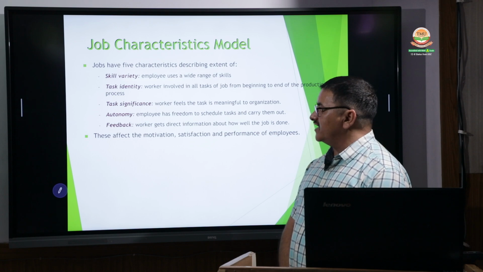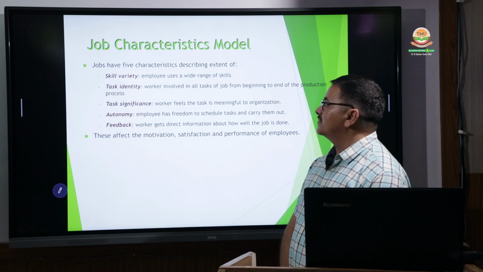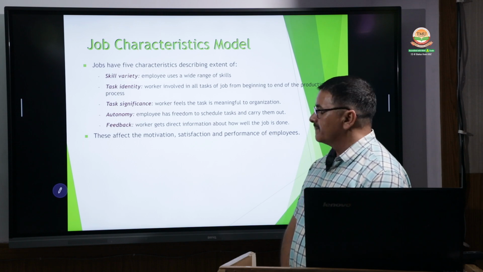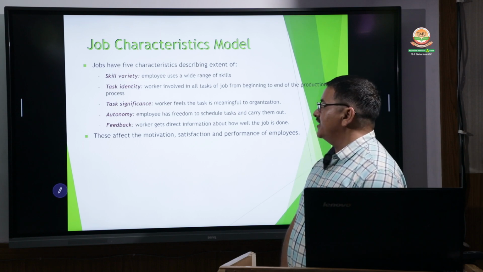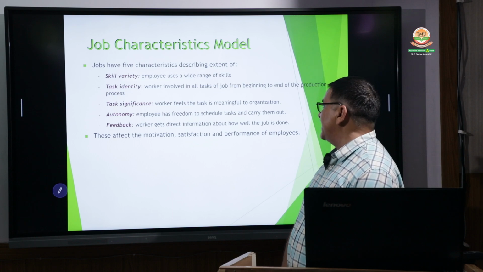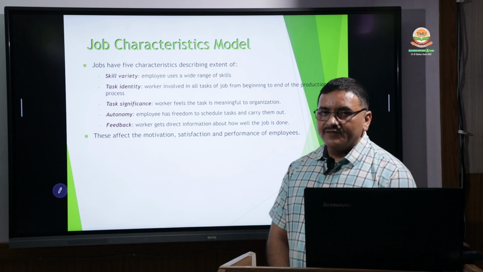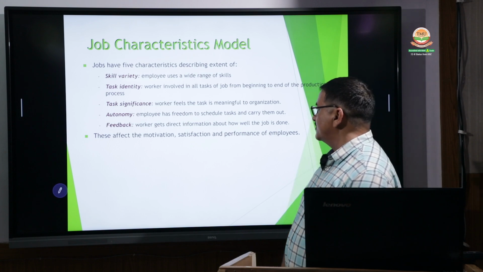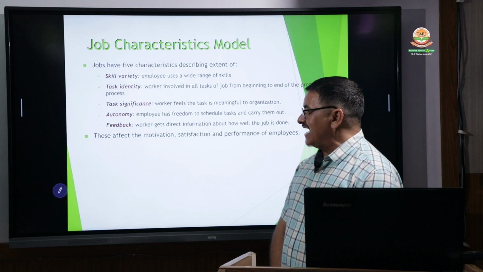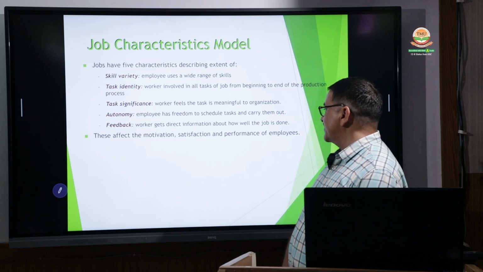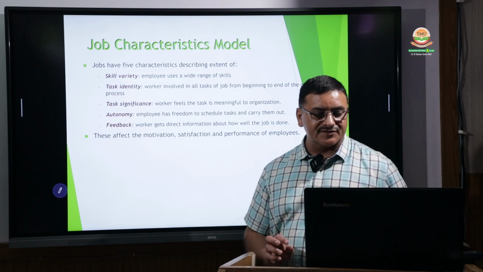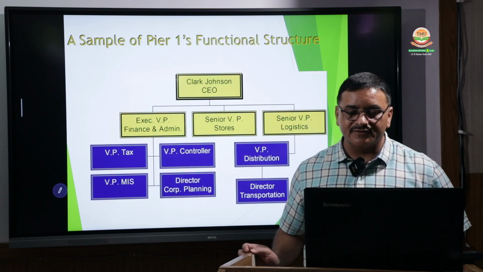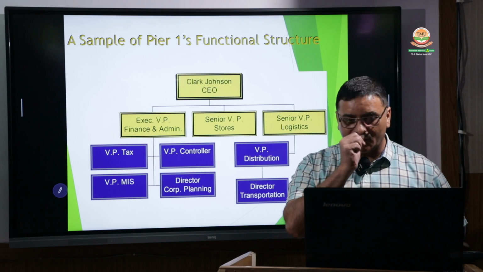Task significance is where workers feel the task is meaningful to the organization. Autonomy means the employee has freedom to schedule tasks and carry them out. Then definitely we have to take into consideration feedback, where workers get direct information about how well the job is done, and these affect the motivation, satisfaction and performance of the employees. Therefore, while designing the various types of structure, it is most important to take into consideration the job characteristic model.